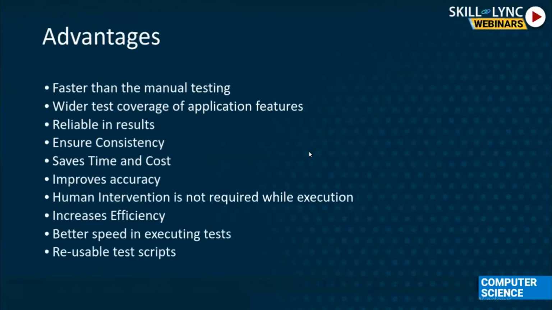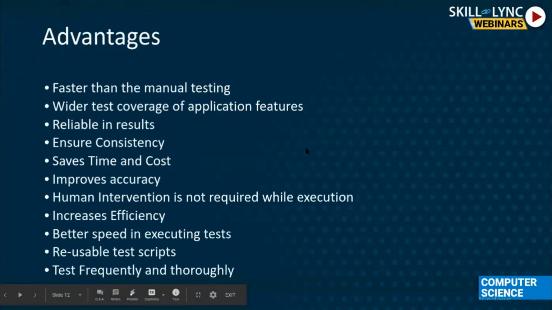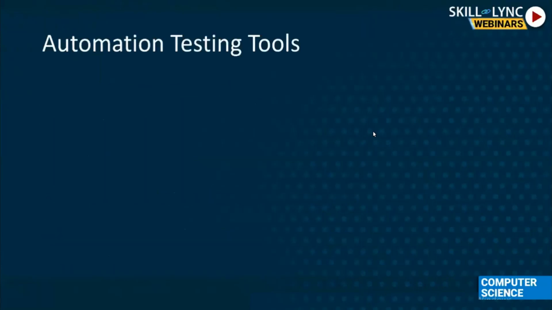All these things are possible when you go for test automation. You can test frequently and thoroughly, each and every line, and anything that you have made as a script in your Selenium or any other tool will thoroughly test each and every part of your software code. Okay, so these are some of the advantages.